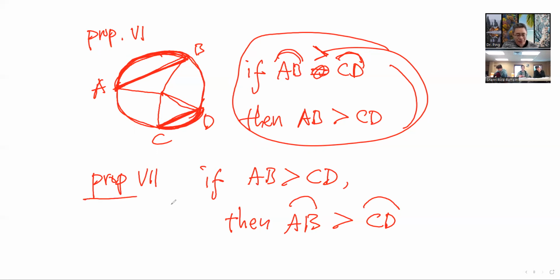And the last one, the proposition for this class, is the converse of the previous proposition: if chord AB is bigger than CD, then the corresponding arc AB is greater than CD.